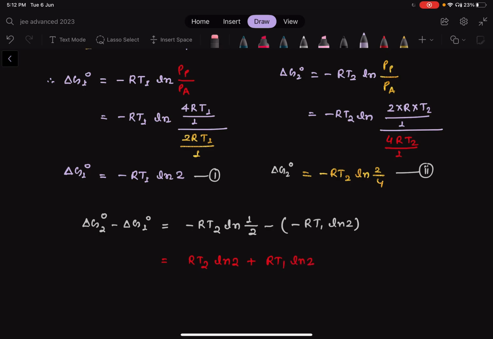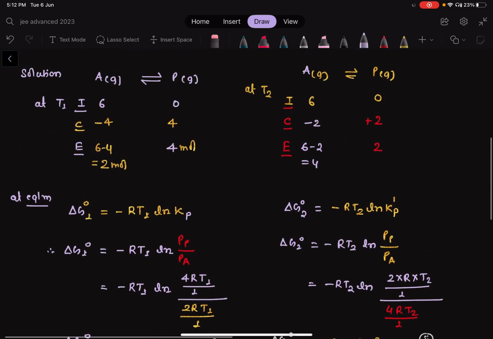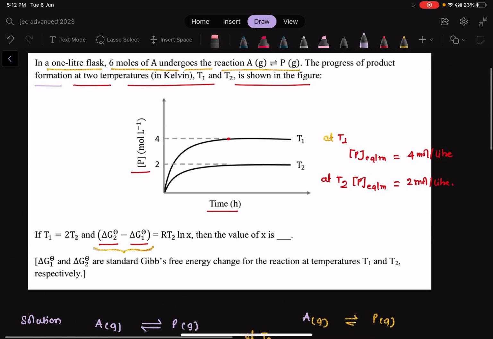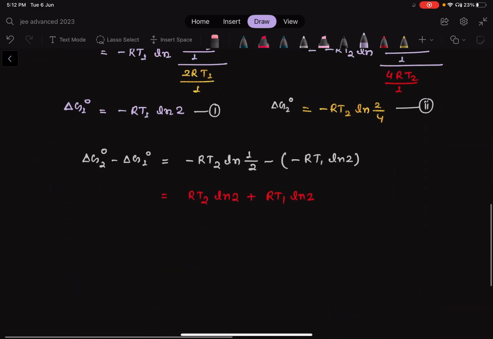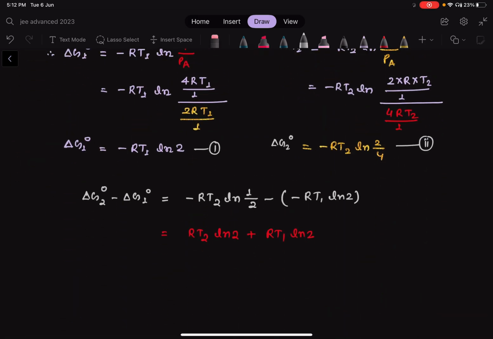And now one condition is given. The condition provided here is T1 is equal to 2T2. So instead of T1 we can write 2T2. So the value that we are going to get is 3 RT2 ln 2.